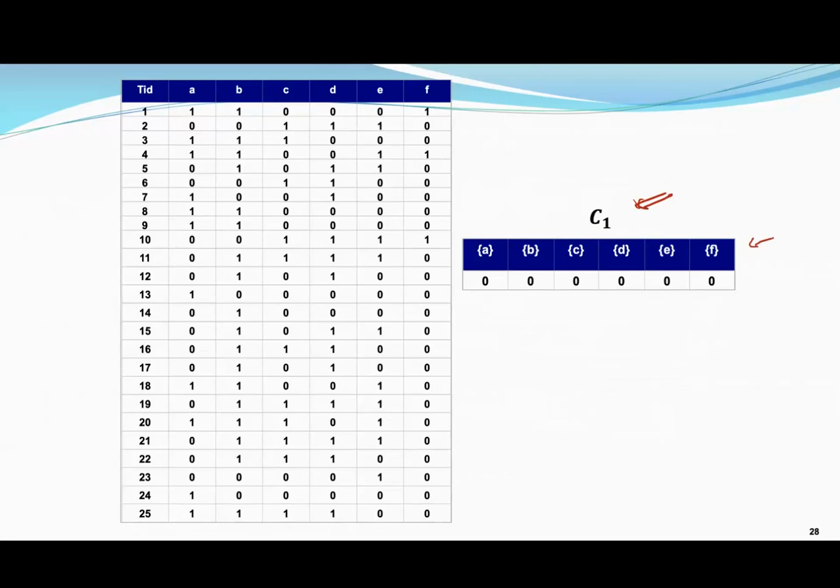We scan the database 1 time to count the support of these item sets. If you have gone through every single transaction in the database, we scan it once, we'll determine the support counts of the item sets. And in this example here, let's say our support threshold is 5 supports.